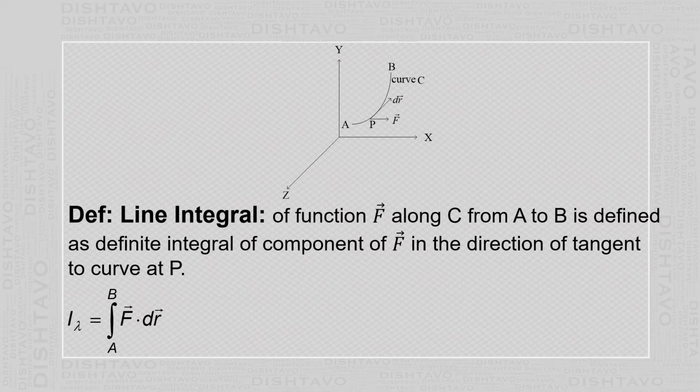Let us consider there is a path from A to B. It is shown as a curve C in this diagram. Let us say that at some point P, some force vector F is acting. Then let us take a very small part of the position vector, an infinitesimal part of that position vector, vector dr. So dr is very small, tending to 0.